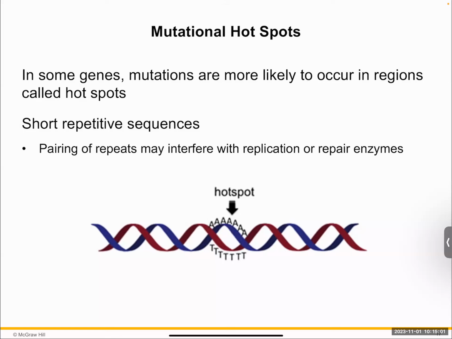These repetitive sequences are known as mutational hotspots. Again, there are chances that you will have a mutation in them and your body is unable to fix it properly because, sorry, I should say that the pairing prevents the enzyme from fixing the issue.